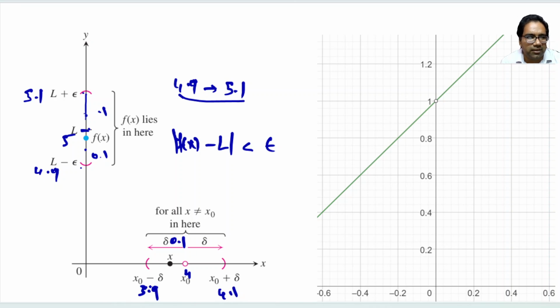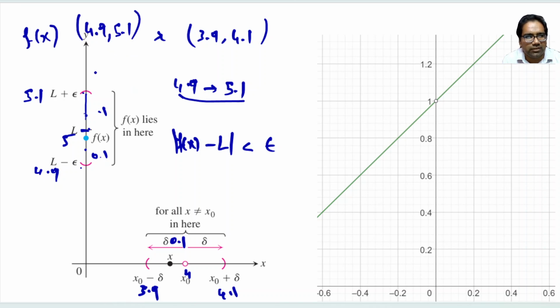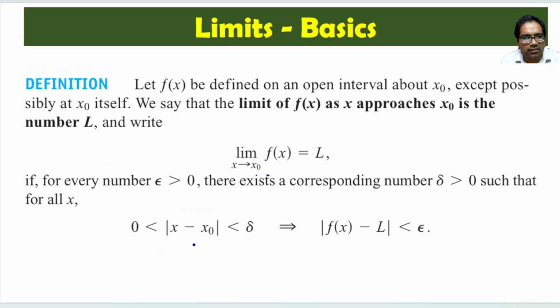As long as x is lying between 3.9 and 4.1, then f of x should lie between 4.9 and 5.1. This is the statement. Please read the statement: if the absolute value of x minus x naught lies between 0 and delta, then the absolute value of f of x minus L should be less than epsilon.